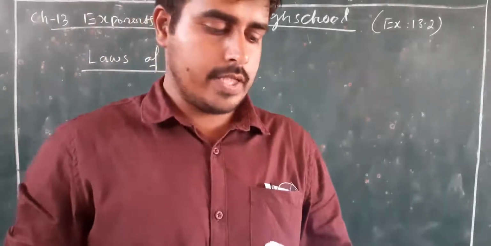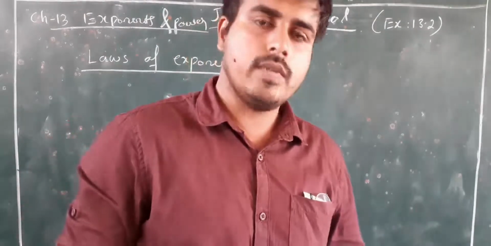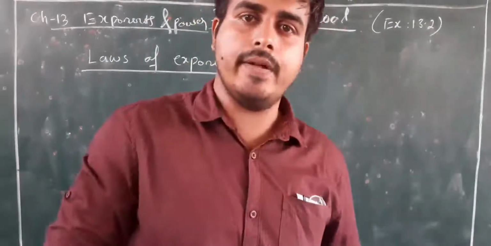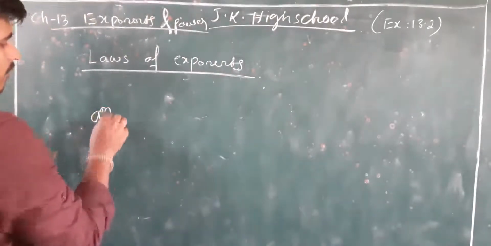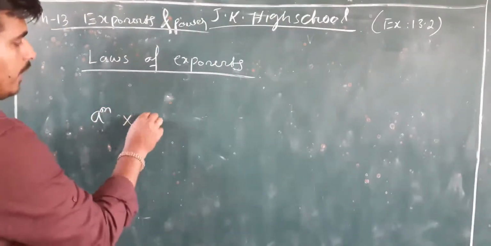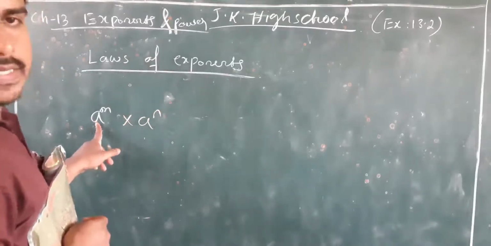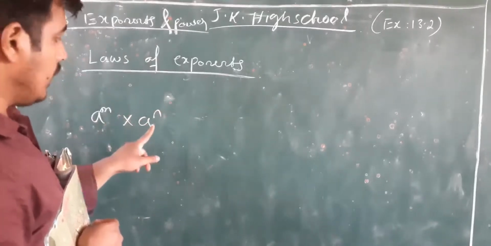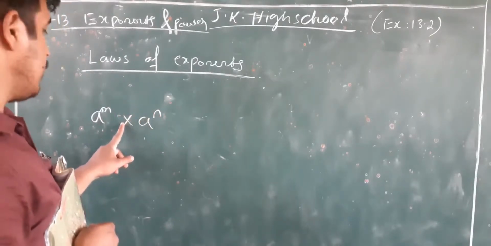The first law of exponents is: when two exponents with the same base are multiplied, what will be the result? That is a to the power m into a to the power n. Here a is the base, m is the power, and in between these two exponents there is a multiplication operation.